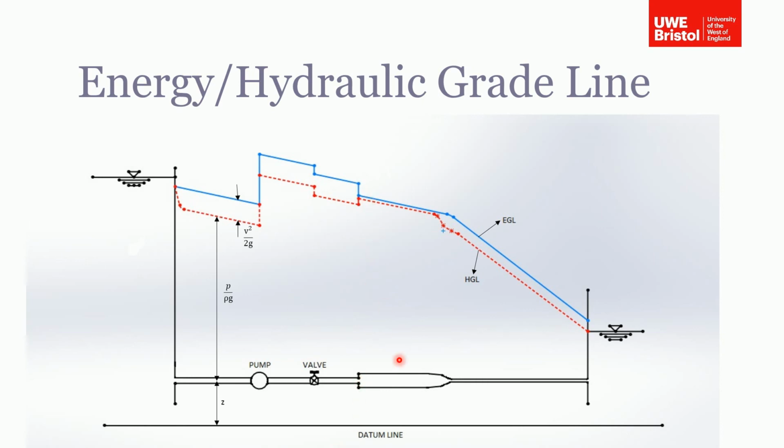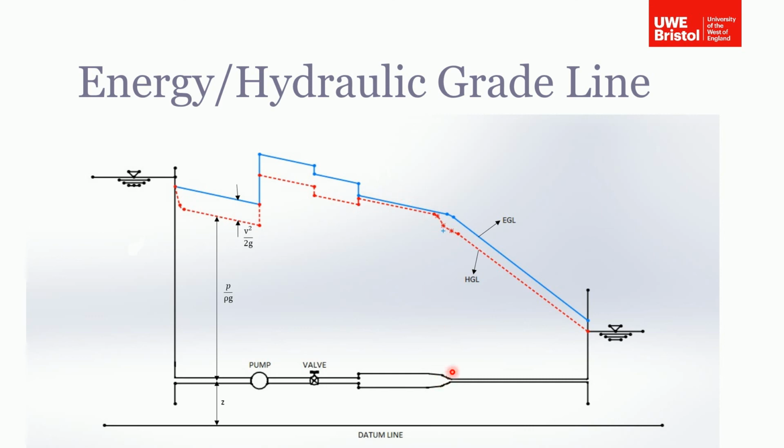Then in this pipe, you can see that there's friction loss again due to water flowing through this pipe. But notice here that the change between the total head and the dynamic head is less because water's flowing slower in here, so therefore the dynamic pressure is less.